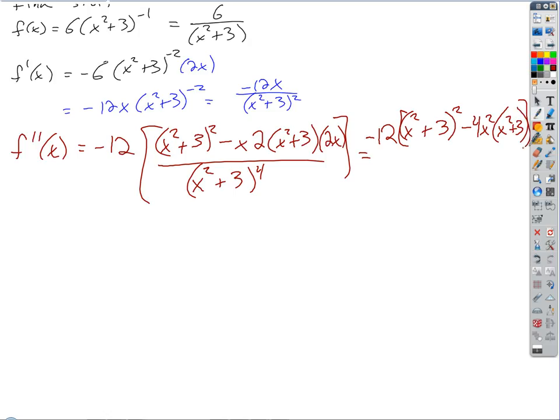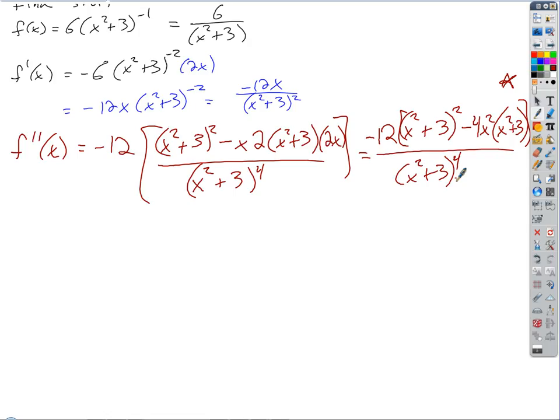Why wouldn't it be to the 4? Oh, I didn't distribute. Notice I kept that x squared plus 3 separate. Okay, and there's a reason for that. I'm going to put a star by that because there's a reason for that we'll see. All divided by x squared plus 3 to the 4th.